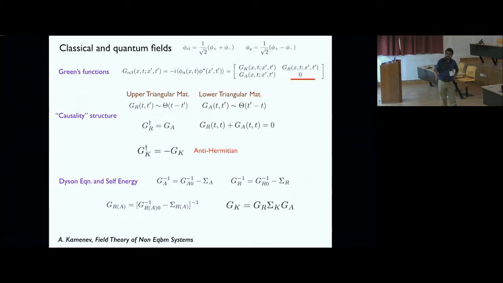The only thing to note here, as far as we are concerned, is that the retarded or advanced Green's function can be simply inverted like a normal matrix with the inverse Green's function. The Keldysh Green's function, however, comes out to be G^R sigma K G^A. So one thing that you would know is that if you know the Keldysh self-energy and you know the retarded Green's function, and this we will use very efficiently later on, it's much easier to calculate the Keldysh Green's function, because that's just a convolution or an integral that you have to do.